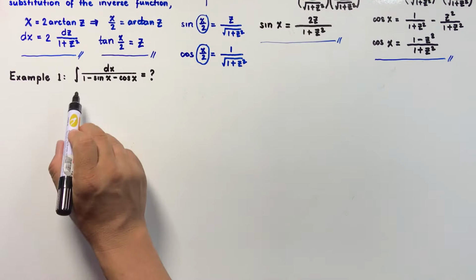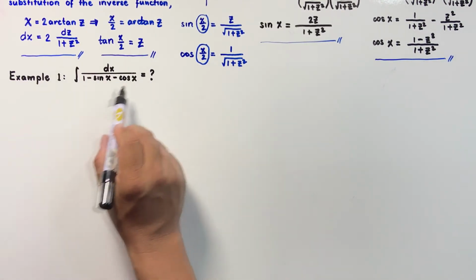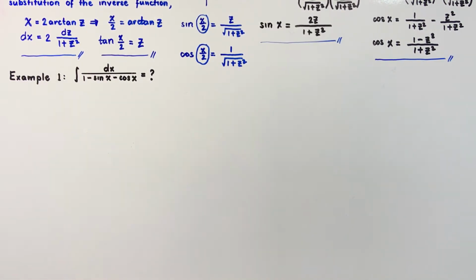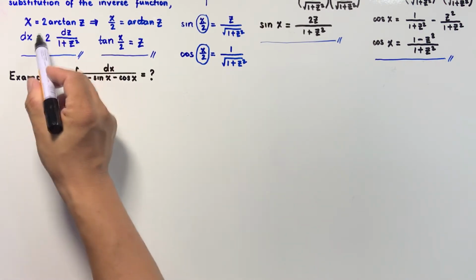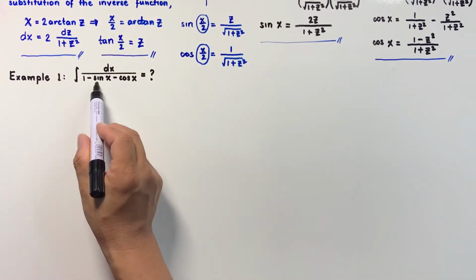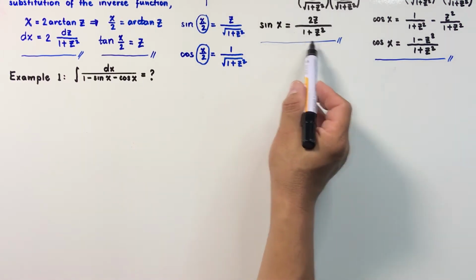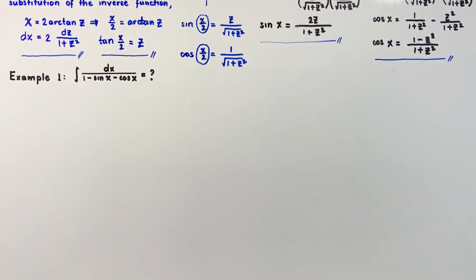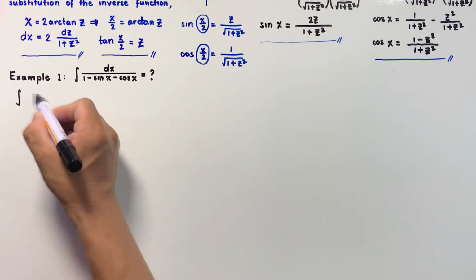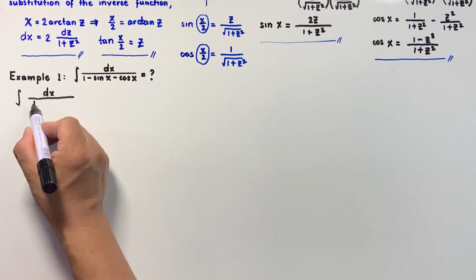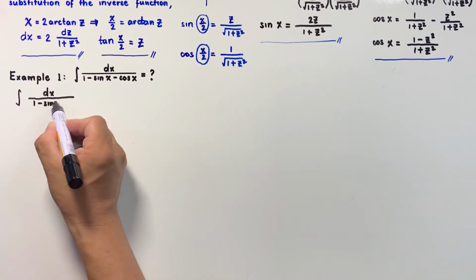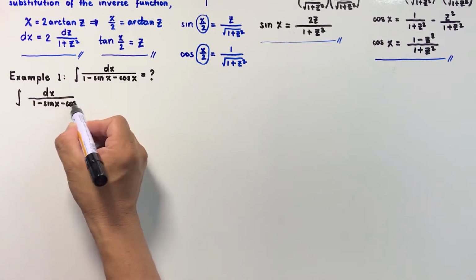So what is the integral of dx over the quantity 1 minus sine x minus cosine x? So basically, the idea is to substitute our dx by this expression here, and for sine x and cosine x with these expressions here. So we have the integral of dx over the quantity of 1 minus sine x minus cosine x.